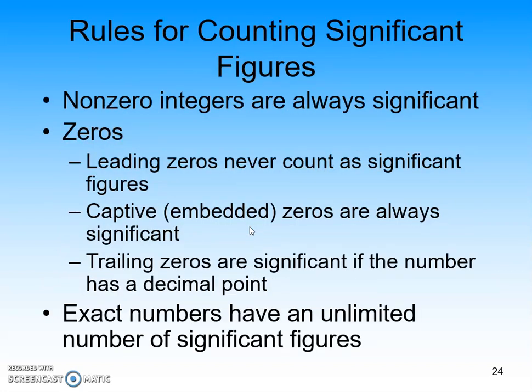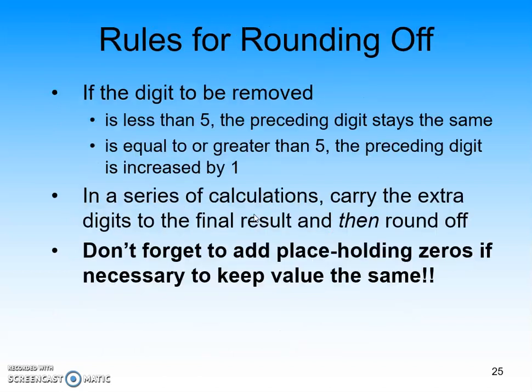Now, rules for counting significant figures. Non-zero integers are always significant. Zeros have three criteria. Leading zeros never count as significant figures. Captive, embedded zeros are always significant. Trailing zeros are significant if the number has a decimal point. Exact numbers have an unlimited number of significant figures.